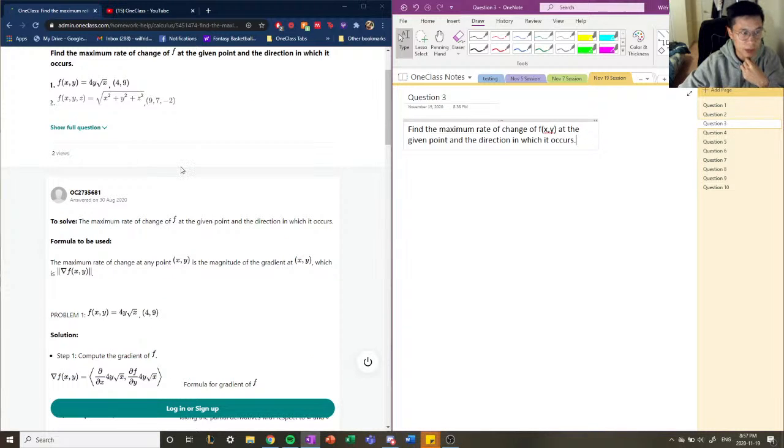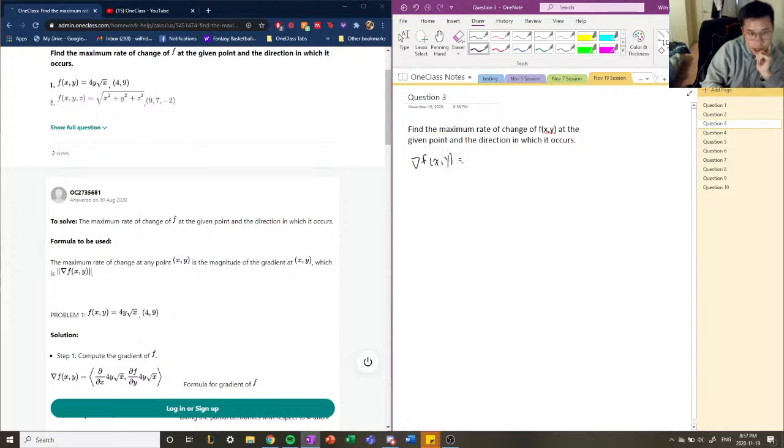So it's asking us for the maximum rate of change, and a known fact. Let me first define what we're trying to solve for here. We are looking for the gradient of f of x, y. The gradient of f of x, y can be described as a vector valued function of the partial derivatives of f of x, y. So the partial derivative of this and the partial derivative of this.